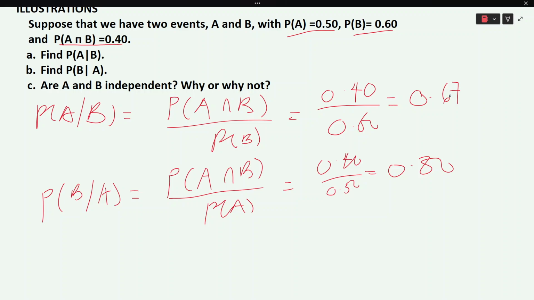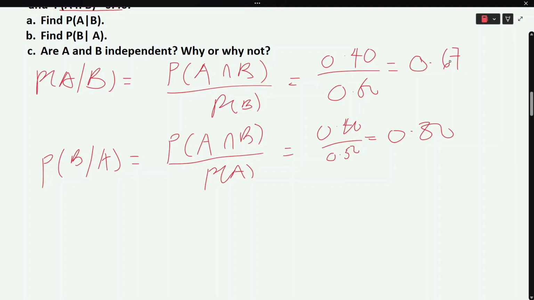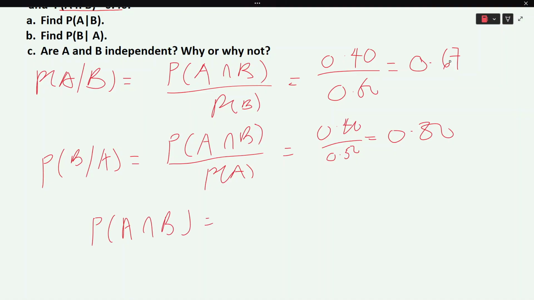Are A and B independent? We learned in a previous video that for two events to be independent, the probability of A intersection B must equal the product of their probabilities.